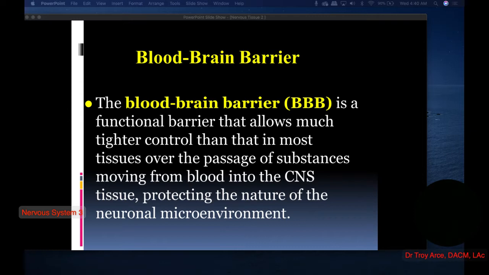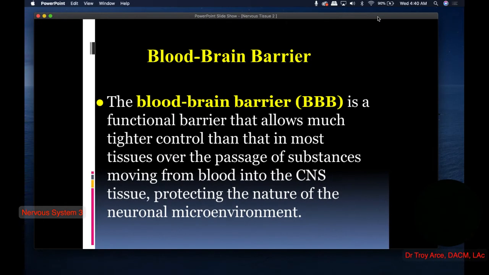And this comes in handy with our pharmacology that you'll be learning about, or if you haven't already learned about, it's quite apparent there. There's a lot of talk about it in pharmacology classes.